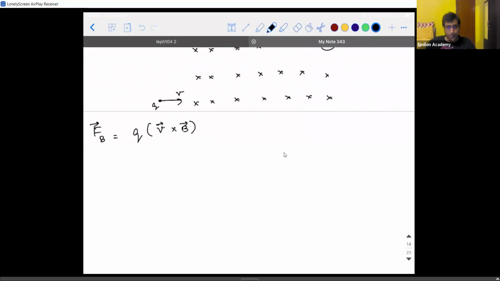Accepted? So q is as it is, velocity is v, magnetic field is b, into sine of what is the angle between v and b?